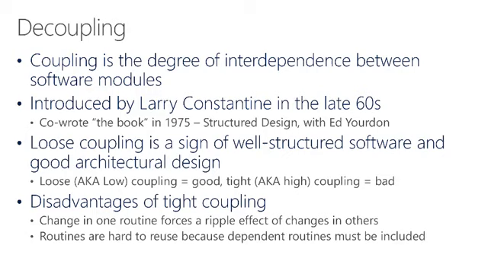And so decoupling is the process of removing those dependencies. Loose coupling is a sign of well-structured software and good architectural design. So the rule of thumb is loose coupling is good, tight coupling is bad, also known as low coupling and high coupling.